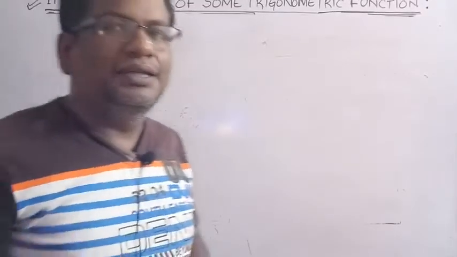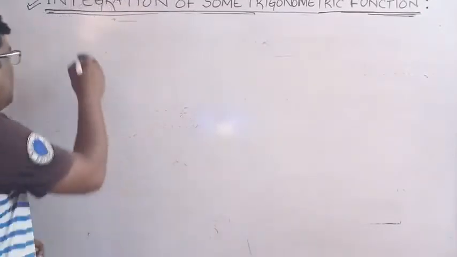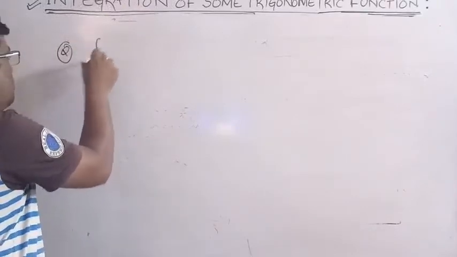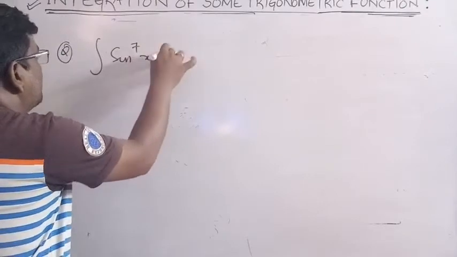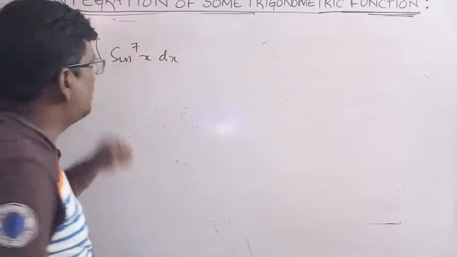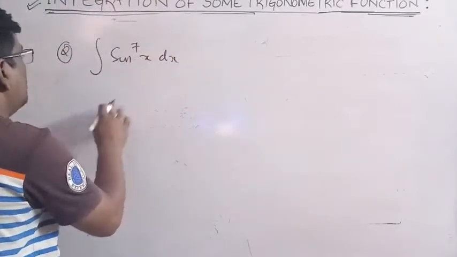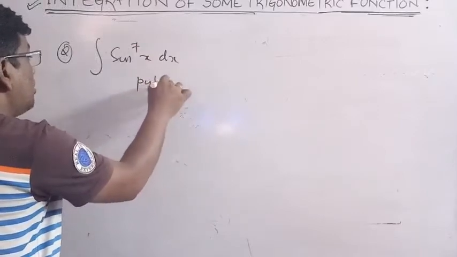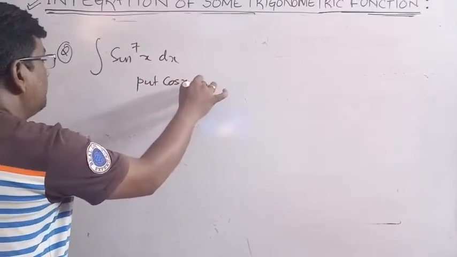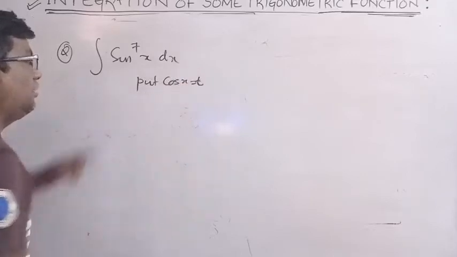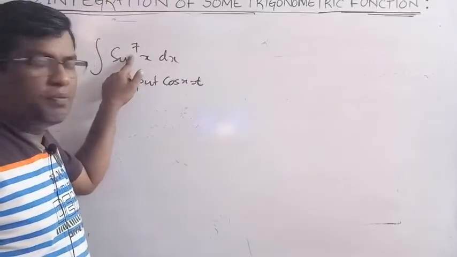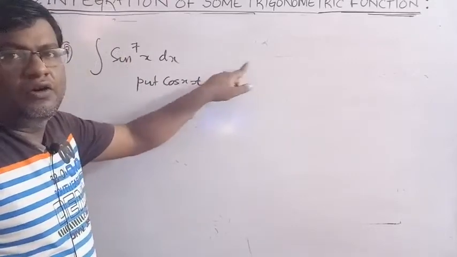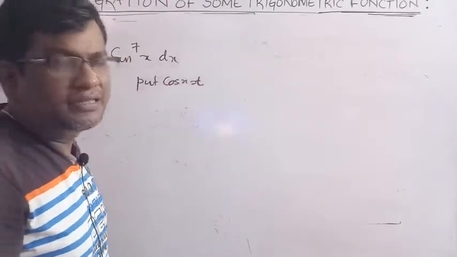Now another question: integration of sin 7x dx. Odd power present, so put cos x equal to t. If sin x is to the odd power, then cos x equal to t; if cos x is to the odd power, then sin x equal to t.